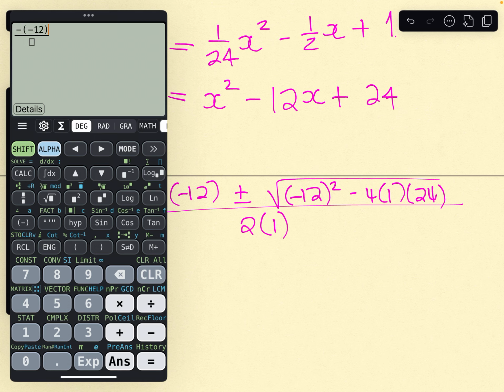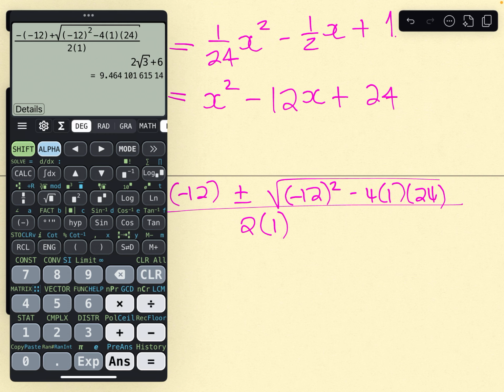So minus b, I'll start with the plus, and here we have negative 12 squared minus 4 times 1 times 24, and then down here we have 2 times 1. Give it to me in surd form.